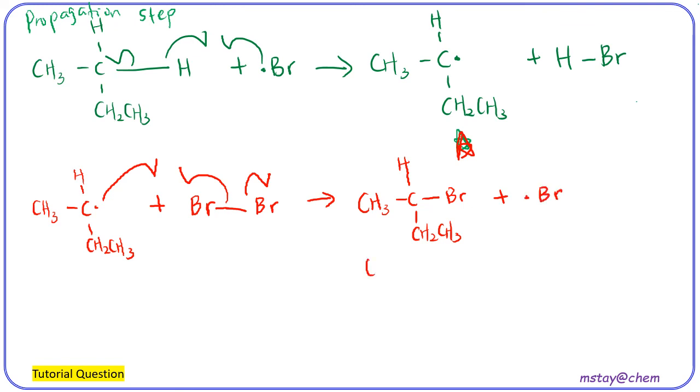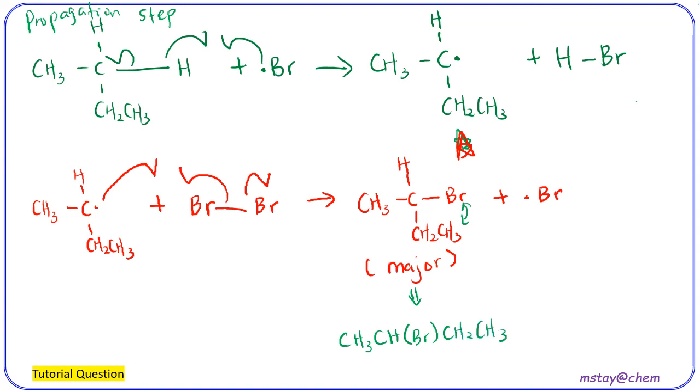So from here, our major product is produced. If you redraw this structure, it is actually still similar to the one that you wrote in the chemical equation. CH3, CH. Now if the positions of CH2, CH3 and Br are swapped, here will be Br and then CH2, CH3.